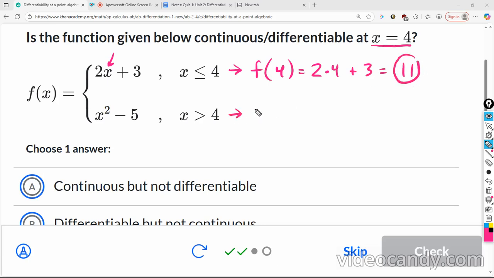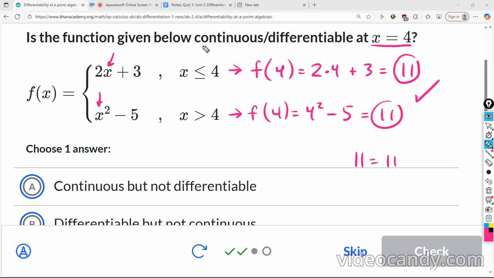And for the second function, f of 4, plug in right there. It's going to be 4 squared minus 5. 16 minus 5 is 11. So since 11 equals 11, the function is continuous. All right, so we got that part out of the way.